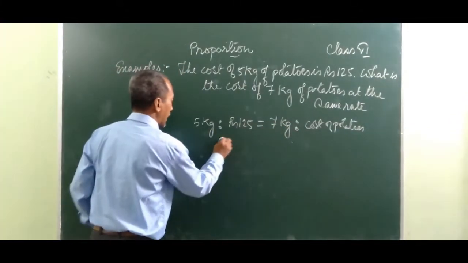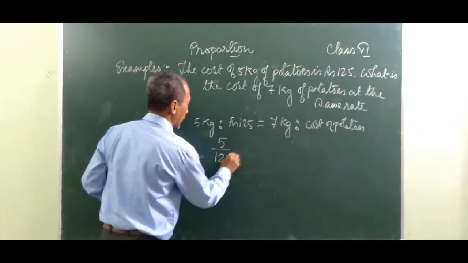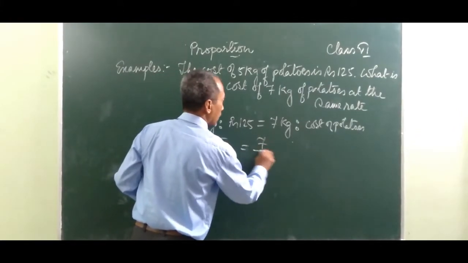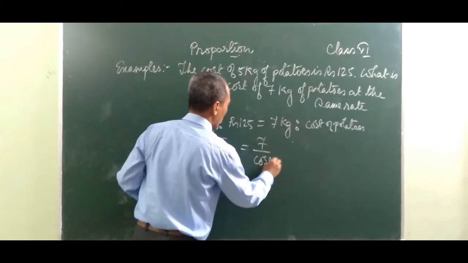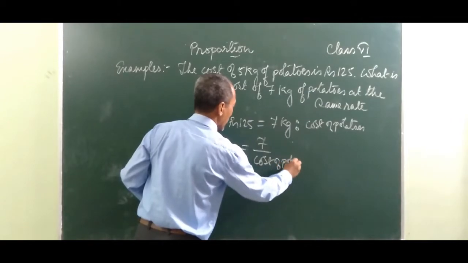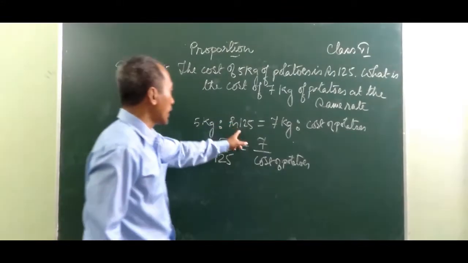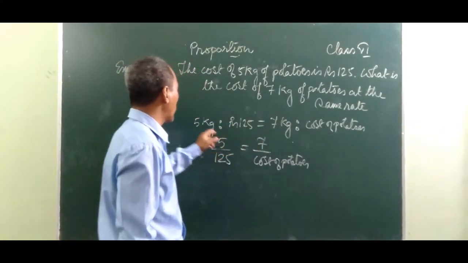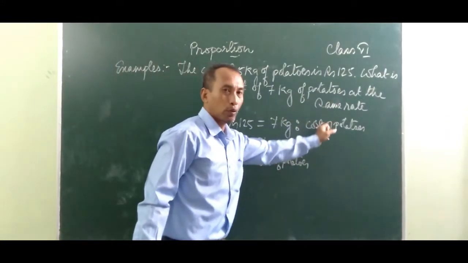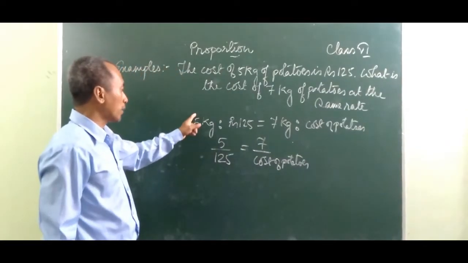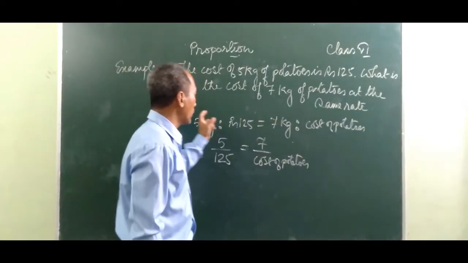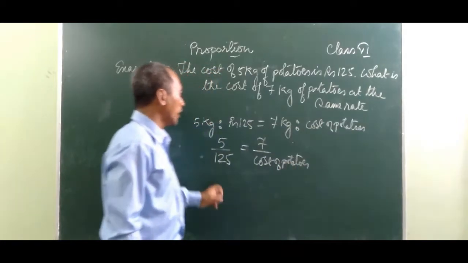So we place it as 5, 125, 7, cost of potatoes. We know that the product of the two means will be equal to the product of the two extremes.